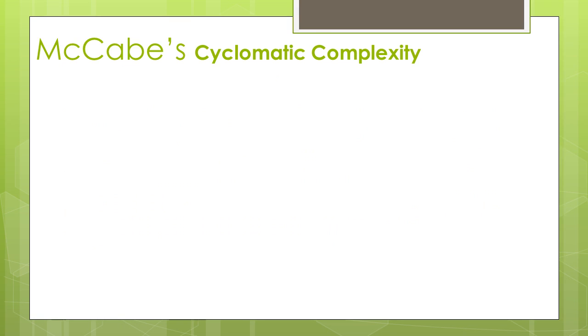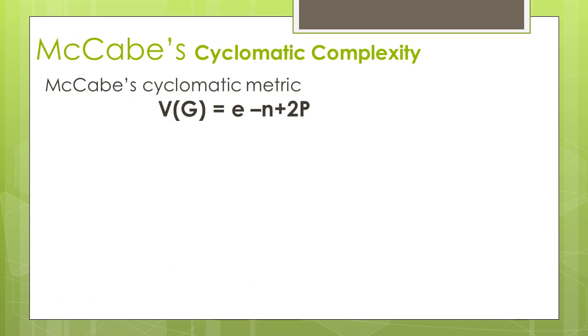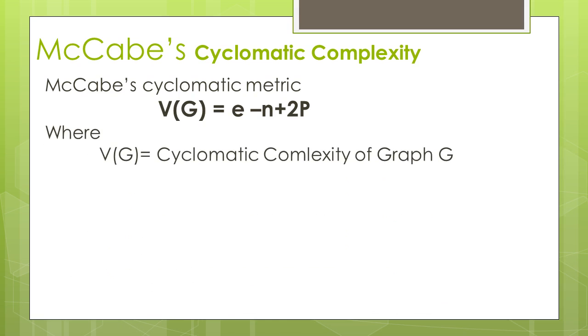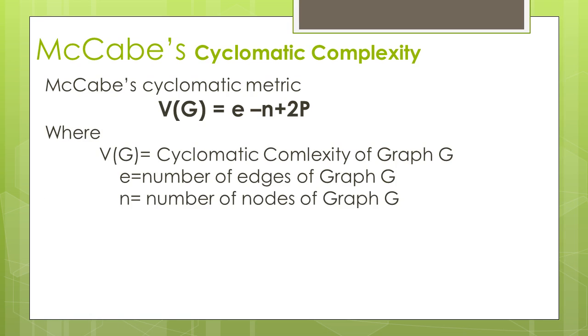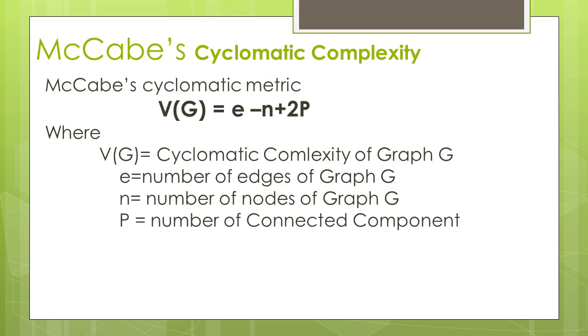There are different methods to find the cyclomatic complexity. One is McCabe cyclomatic complexity. According to McCabe cyclomatic complexity, V(G) is equal to E minus n plus 2p, where E is the number of edges of graph G, n is the number of nodes in graph G, and p is the number of connected components.